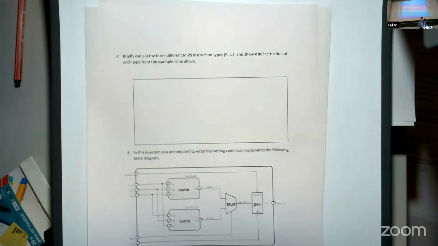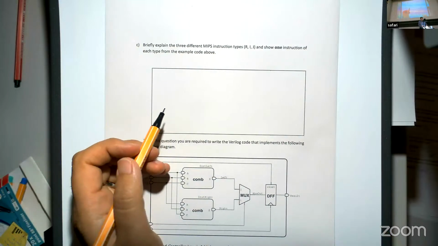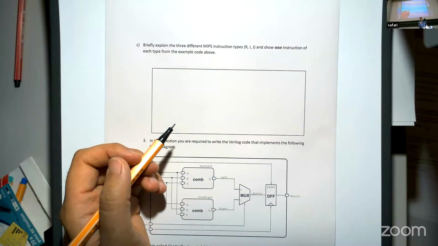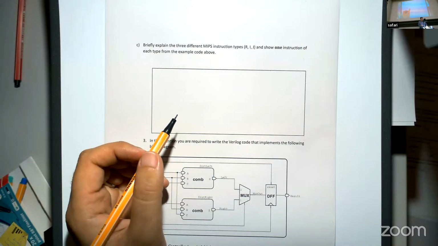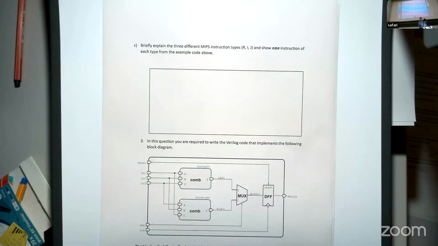For I-type, it's the immediate format. It's used for instructions that need some immediate value. You need to mention that the immediate part of this I-type is 16 bits.